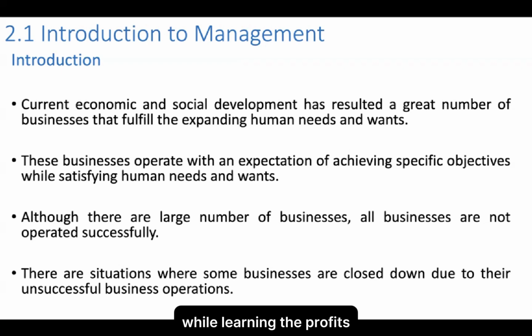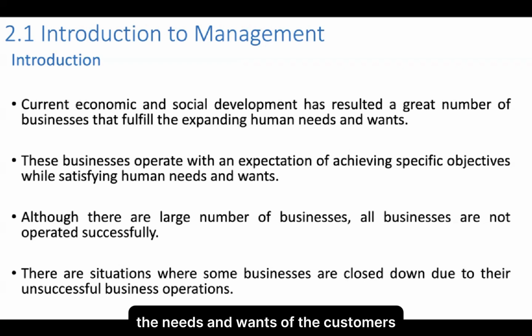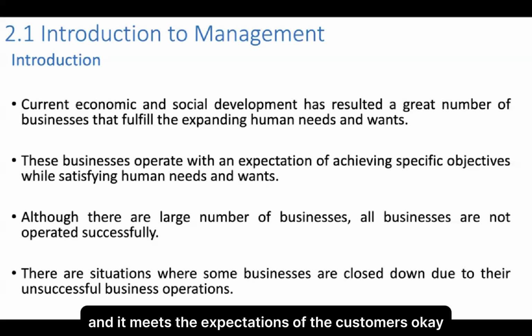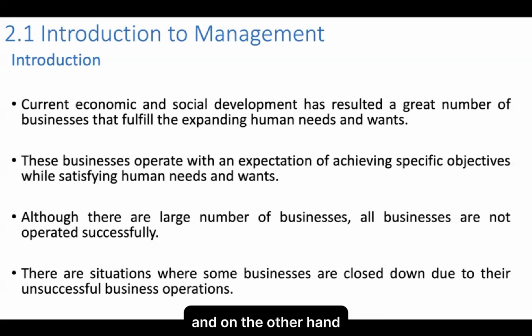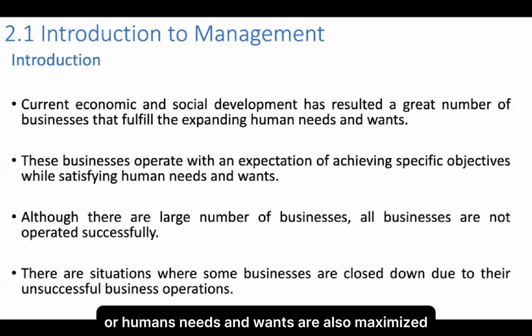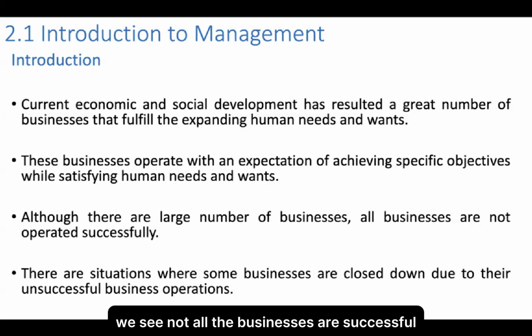While earning profits, it also ensures that it maximizes the satisfaction of the customers' needs and wants, and meets their expectations. So even though we have a lot of businesses, and an environment where humans' needs and wants have evolved and the number is so big, we see not all businesses are successful.